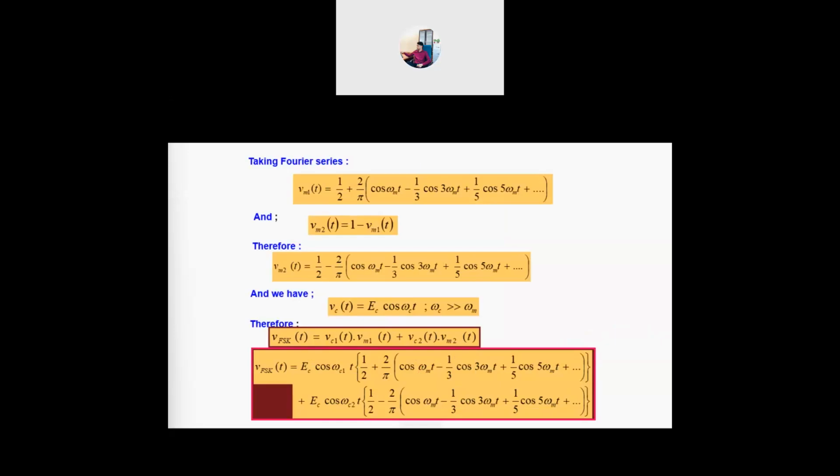So taking the Fourier series, this is actually from your Signals and Systems. VM1(t), the rectangular wave, you get this. So now you're experts already in Fourier series.